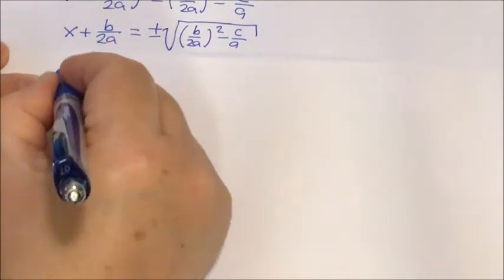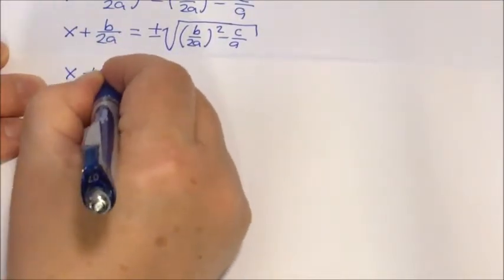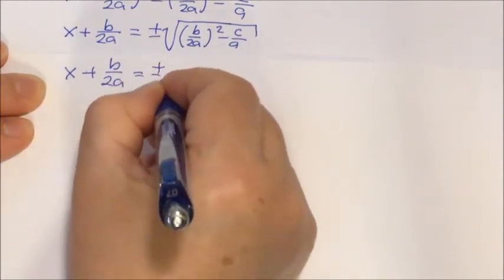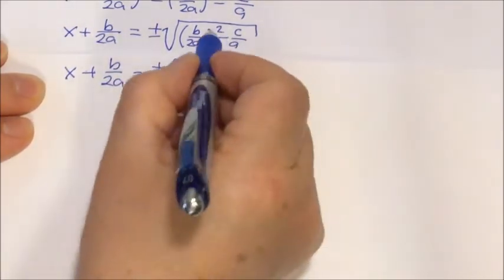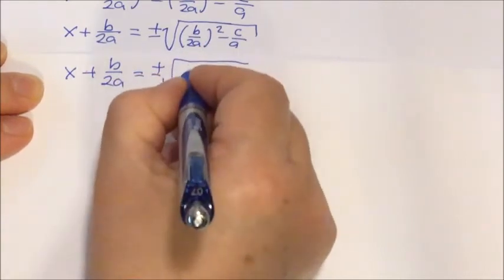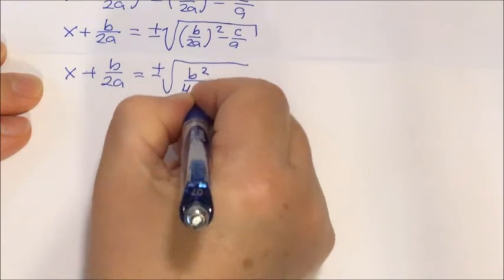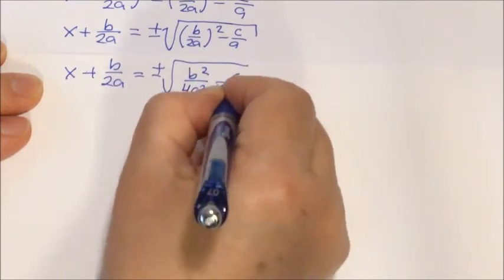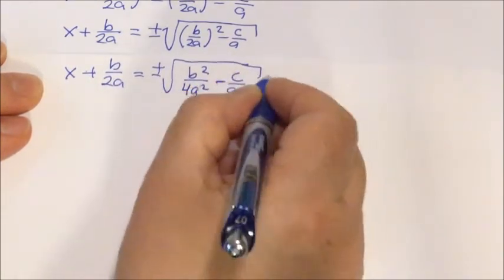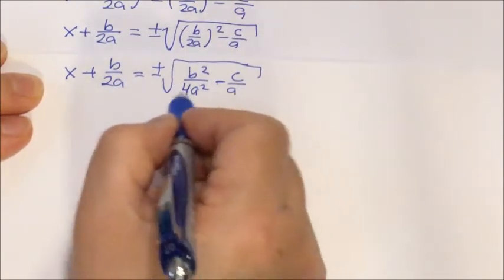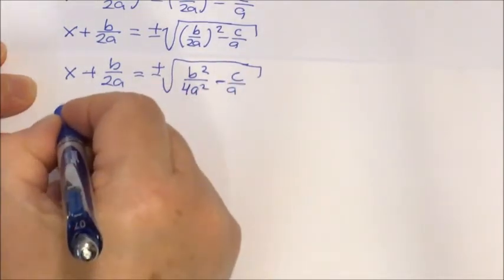Okay, if we continue, x plus b divided by 2a equals plus or minus square root of, if we expand this second power, we get b squared divided by 4a squared minus c divided by a. Let's expand this latter term so that we can do the subtraction.